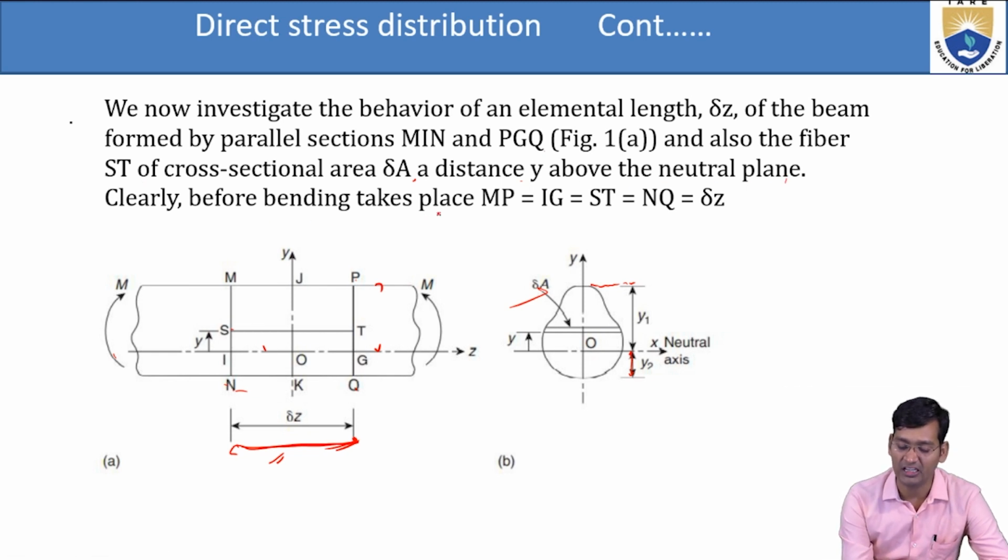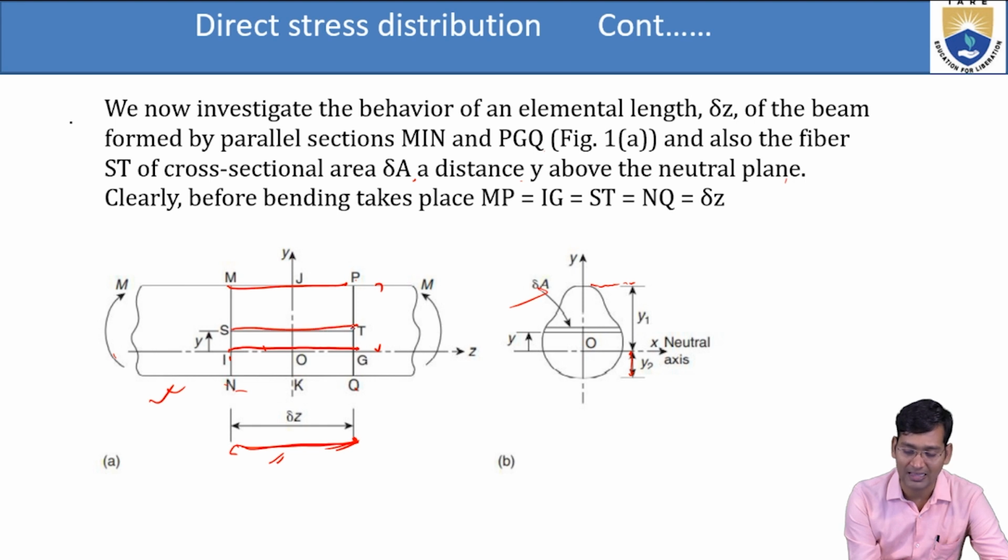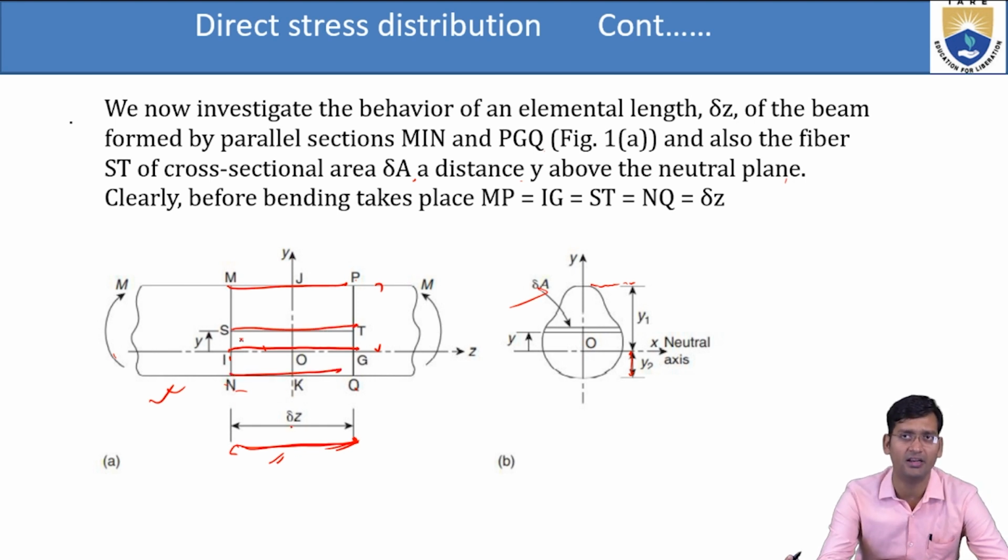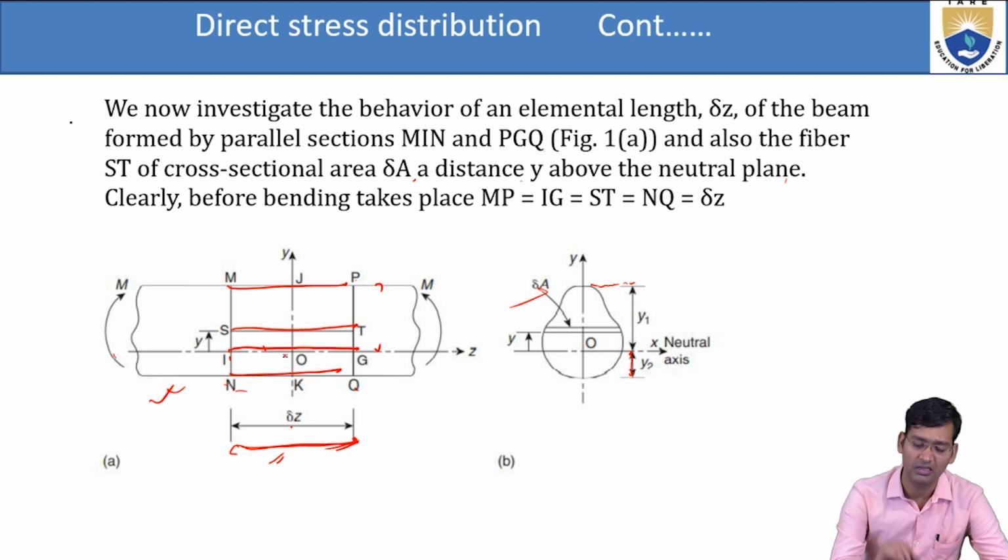Clearly, this is the condition before bending takes place. Once it bends, then it will be different. So before bending, MP equals IG equals ST equals NQ, which equals delta Z, because it's a rectangle. So all of these will be the same.